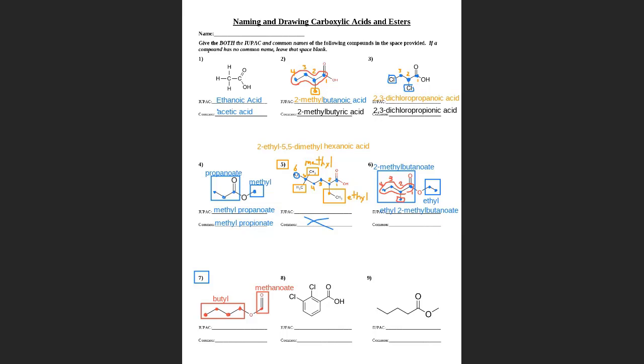methanoate. Yes. Alternatively, in common naming, you don't say methanoate, you say formate. So it would be butyl formate. This actually comes from the Latin word for ants. An ant in Latin is formica.